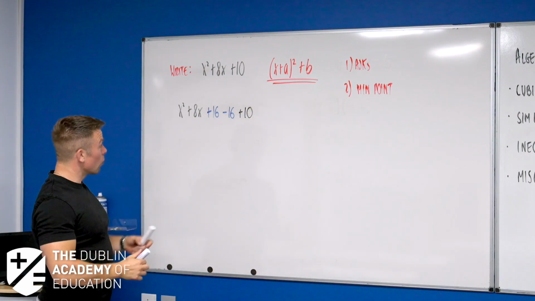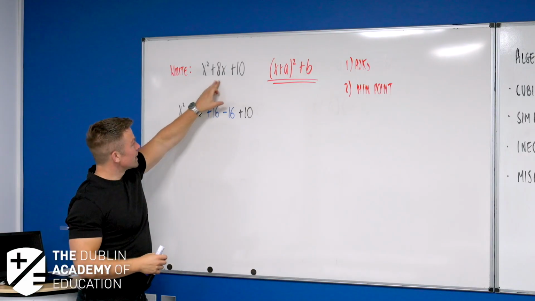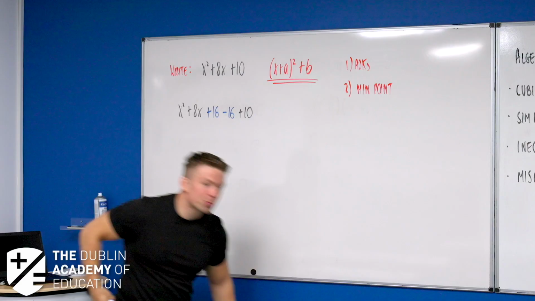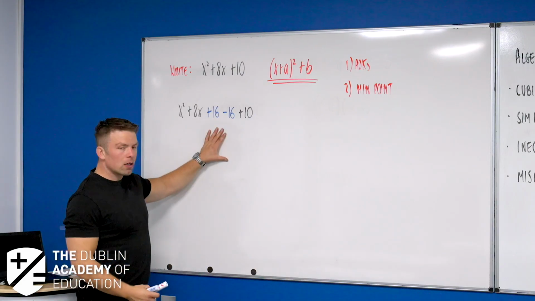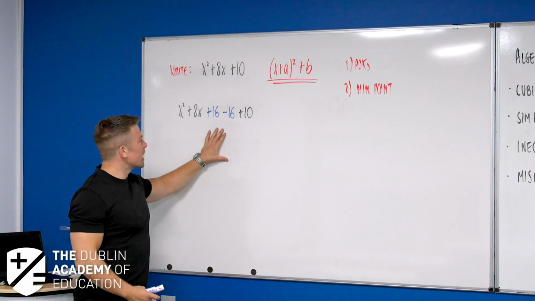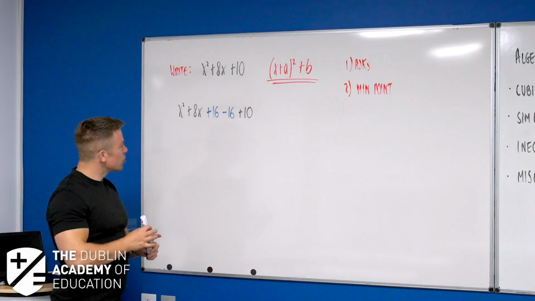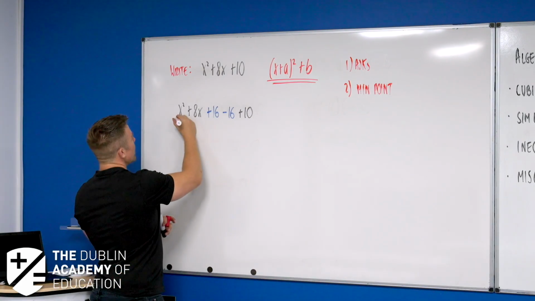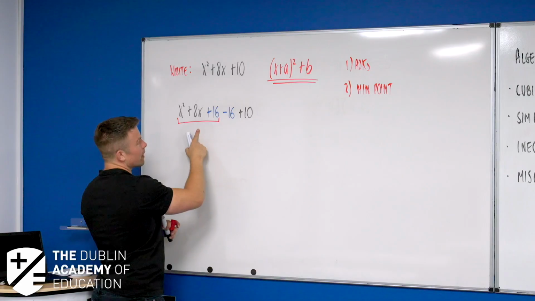Now, it might not look it, but that there is the exact same value as that. If you took your age and you added 3 and then subtracted 3, it'd be weird, but it's still the same age. The reason we do that here is because once you do that, this is definitely going to be what's called a perfect square.